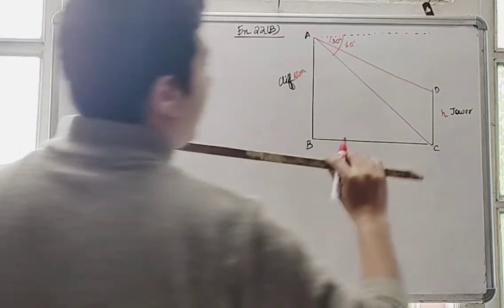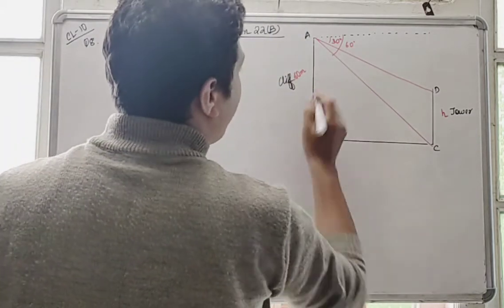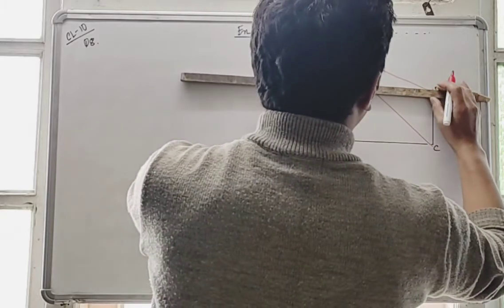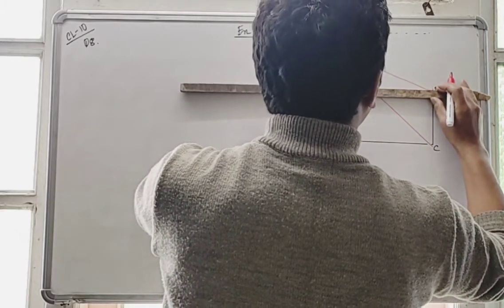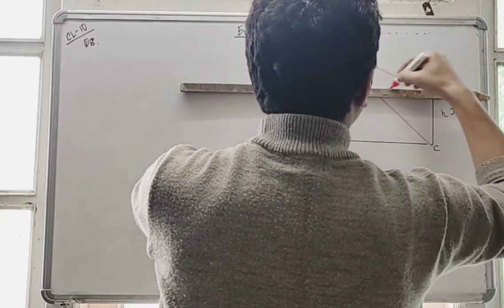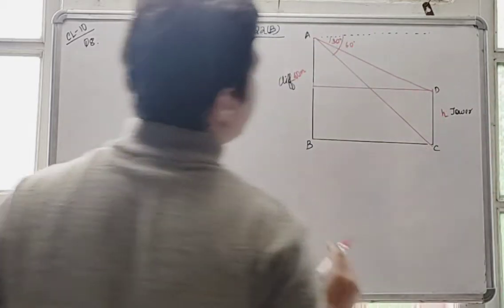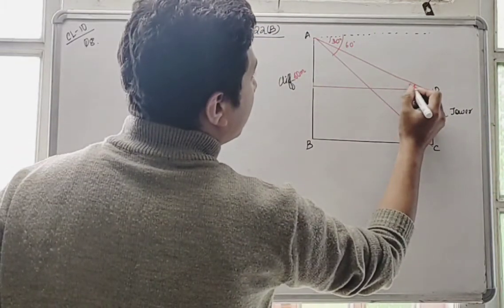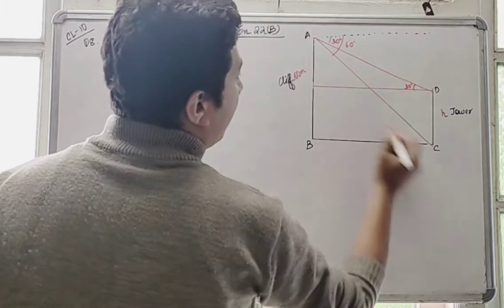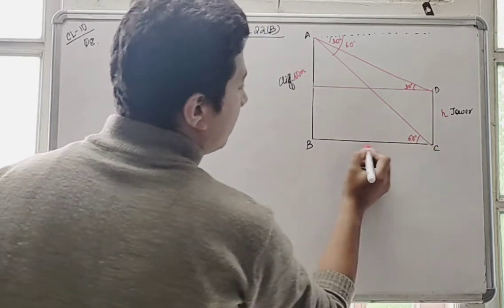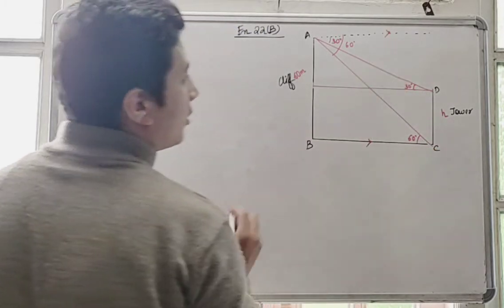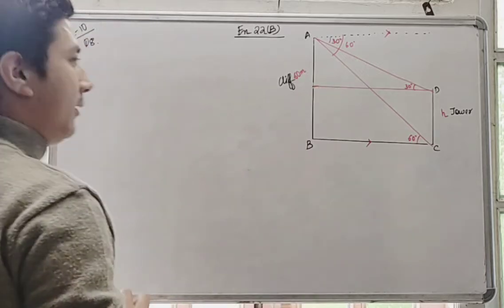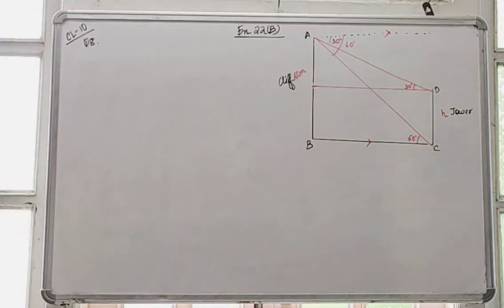So I have to draw a parallel line out here. Let's draw it straight. So this angle is 30 degree and this angle is 60 degree because they are parallel to each other. Okay, boys.